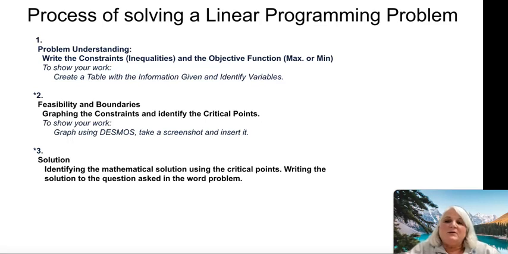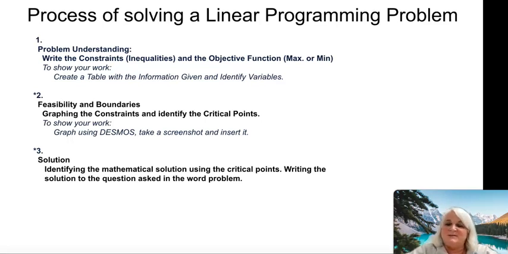The second part, which is part of meeting the expectations of the standards, is the feasibility and boundaries. So you're going to graph the constraints and identify the critical points, and you're going to use Desmos to graph them. I'm going to give you a link to Desmos, and I'm going to show you how to use Desmos.